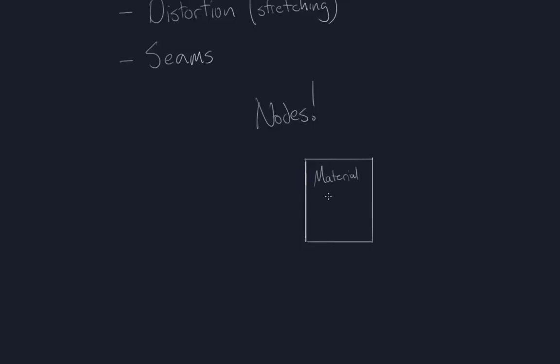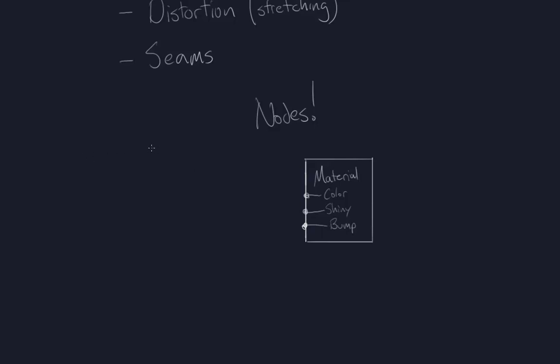And what this contains is various attributes that are specific just to that node. So things like, what color is it? How shiny is it? Does it have some sort of a bump or lumpy surface? And all of these can be considered inputs into which you can plug information from other nodes.